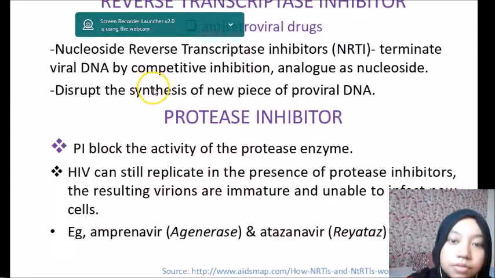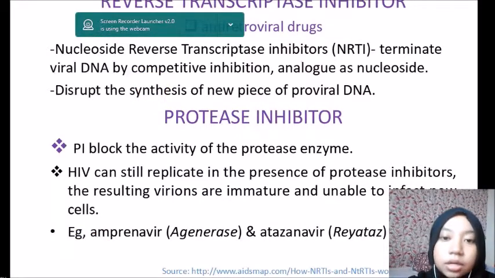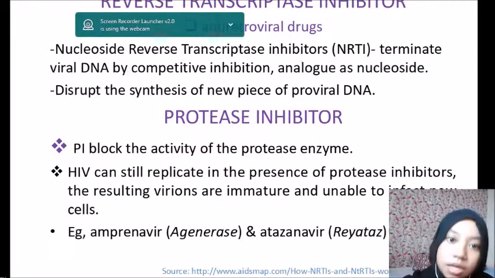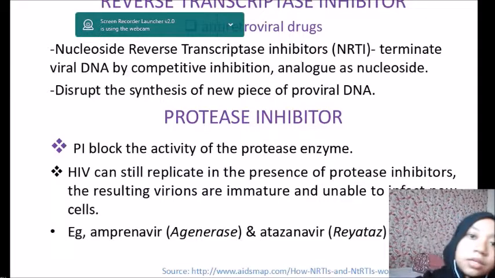Next one is reverse transcriptase inhibitors, or antiretroviral drugs. Nucleoside reverse transcriptase inhibitors terminate the viral DNA by competitive inhibition, because this drug acts as an analog nucleoside. The analog nucleoside competes with the natural nucleoside and continues to bind to the chain.